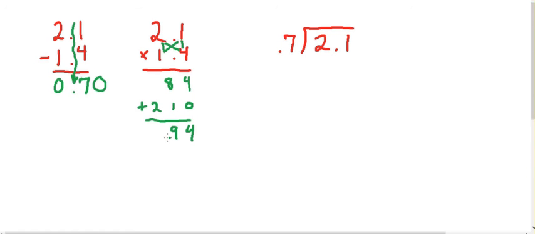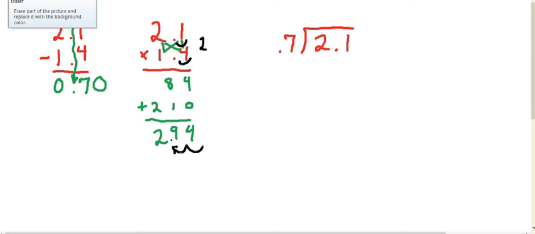What do we have to remember with the decimal? You need to count 1, 2 decimal places in our answer. From here to 1, 2 to here. And then we'll erase this guy. And that's where the decimal belongs. The answer is 2 and 94 hundredths, right?